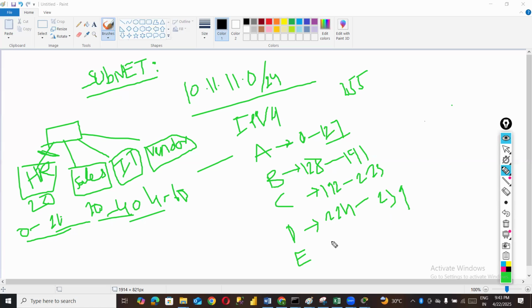And what about Class E? 240 to 255. So these are the classifications of IPs.